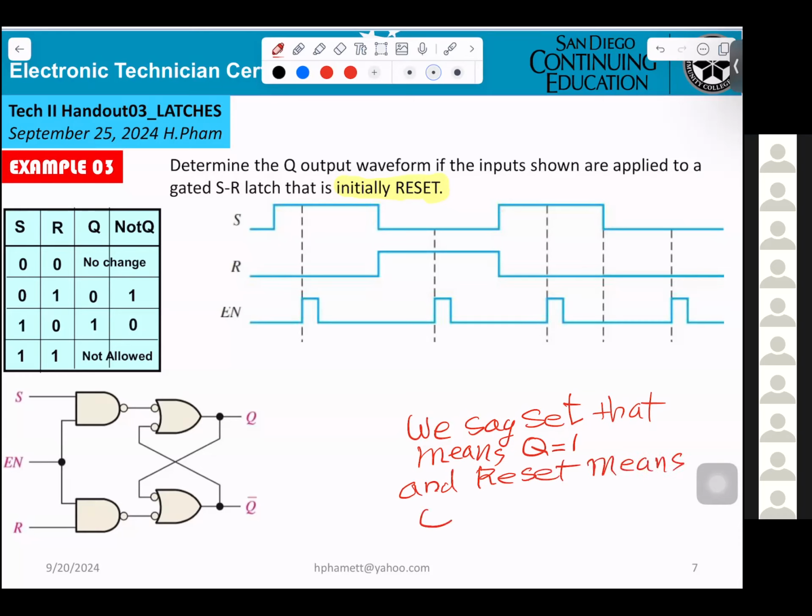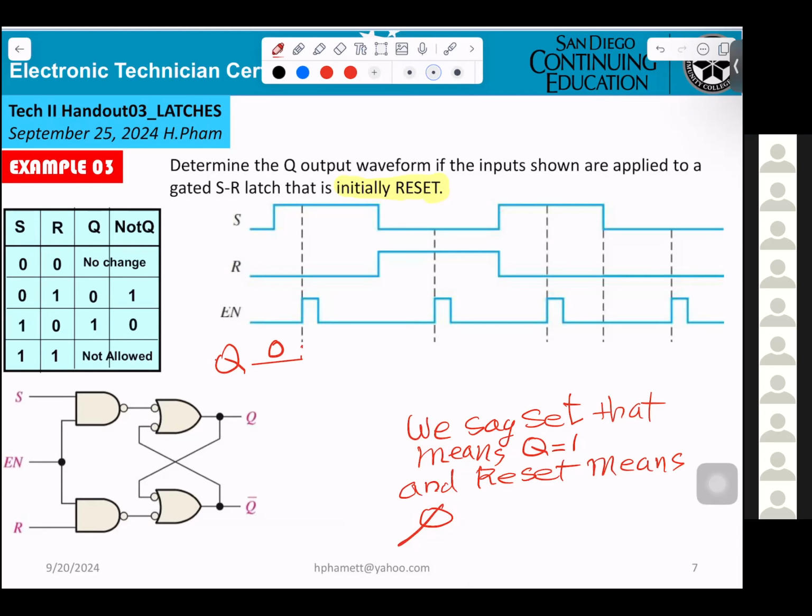Okay, so at the beginning, Q is initially reset. If you draw Q here, I know Q is 0. That's the only one I know. And now you're looking into enable.